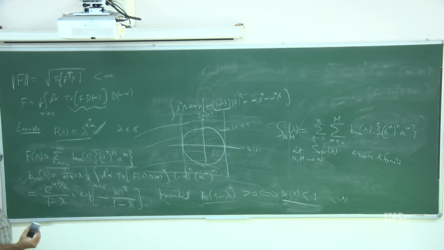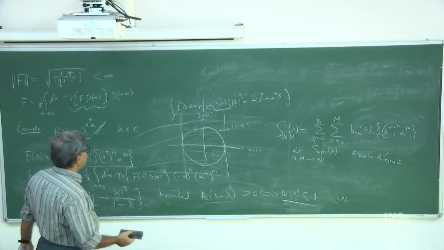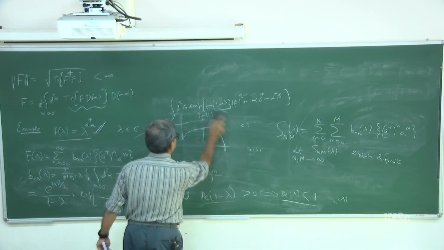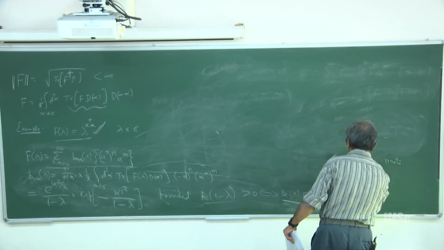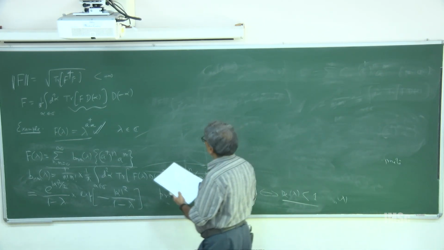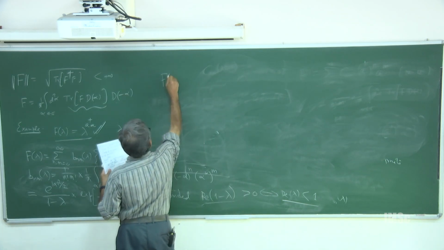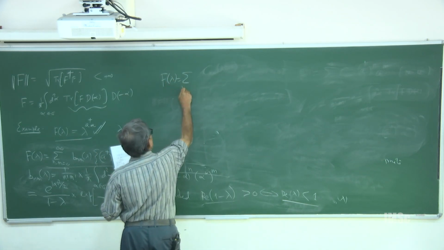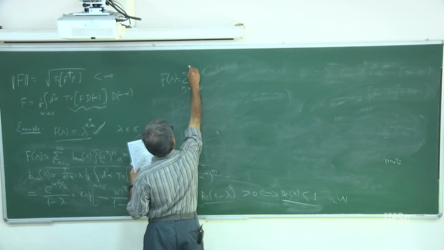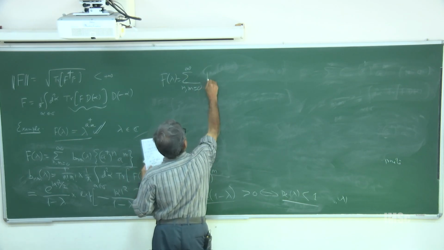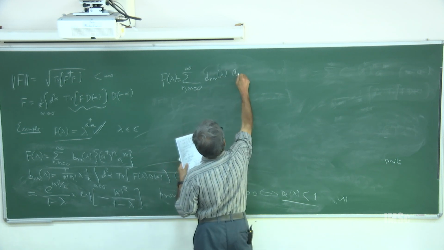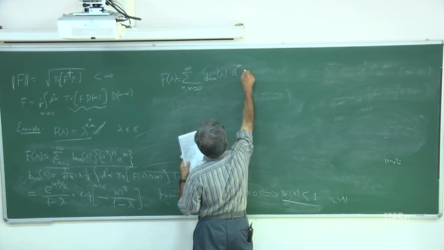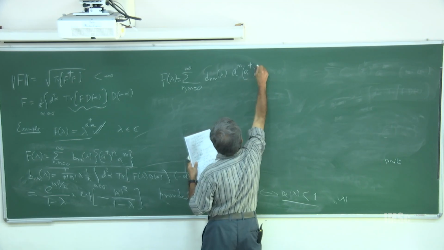So let me write down the expression for the anti-normal ordering. f lambda is the sum of d n m lambda, a to the power m, a dagger to the power n.